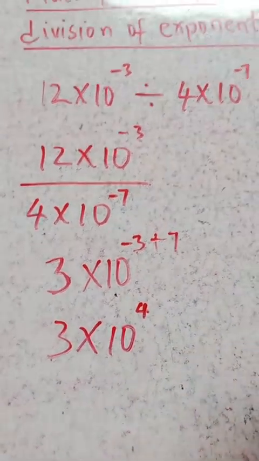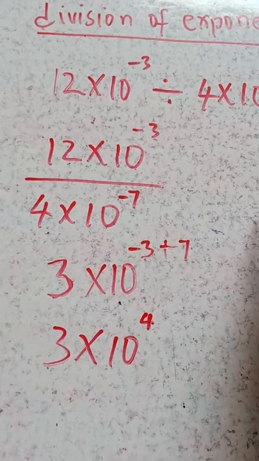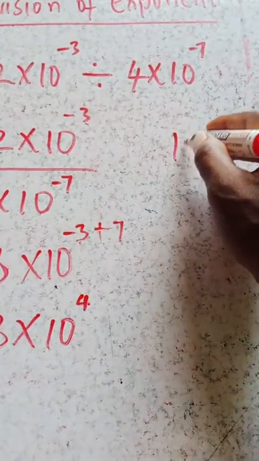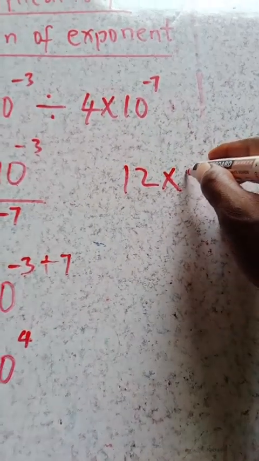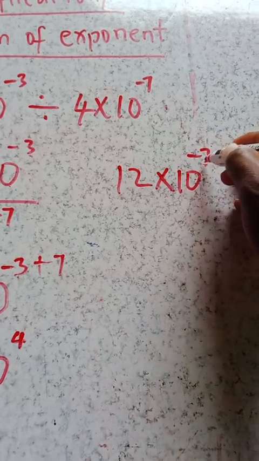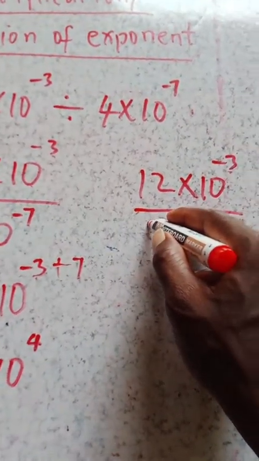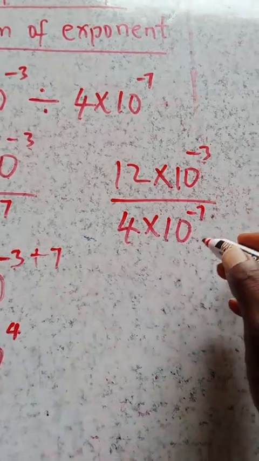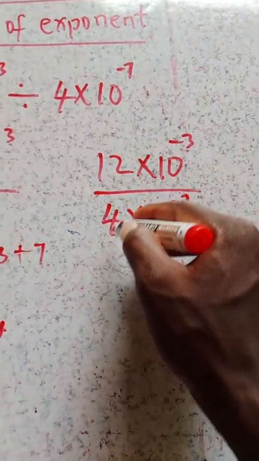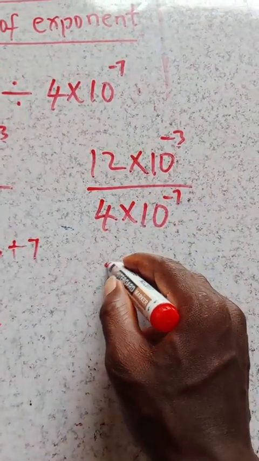Or again, if you are doubting it, we have 12 times 10 raised to the power minus 3, dividing 4 times 10 raised to the power minus 7. You divide these numbers, and 12 divided by 4 is 3.